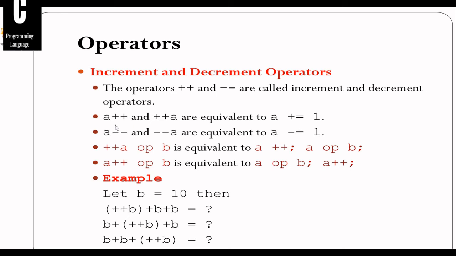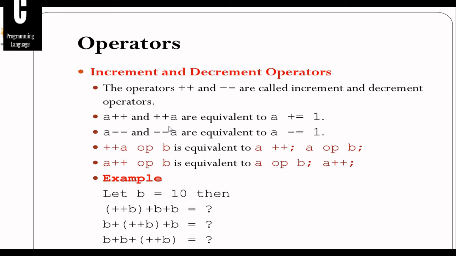A plus plus means we are incrementing the value of a by 1. So you can write this as a equals to a plus 1, or b equals to b plus 1. Here the plus plus is after A, and here the sign is before A.